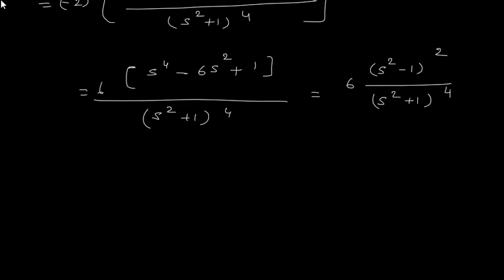It is s power 4 minus 2 s square. No? So again this is wrong. So this is what I got is the final answer: 6 into s power 4 minus 6 s square plus 1 upon s square plus 1 the whole power 4. So this is multiplication by t.